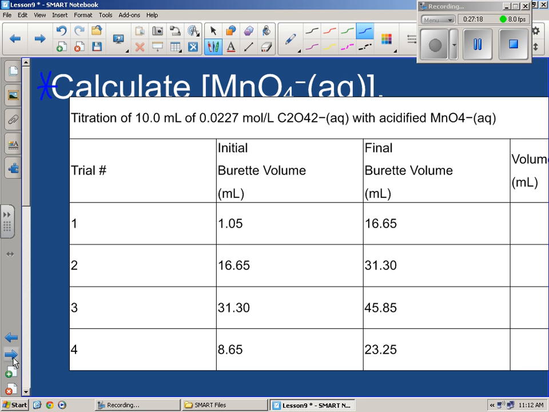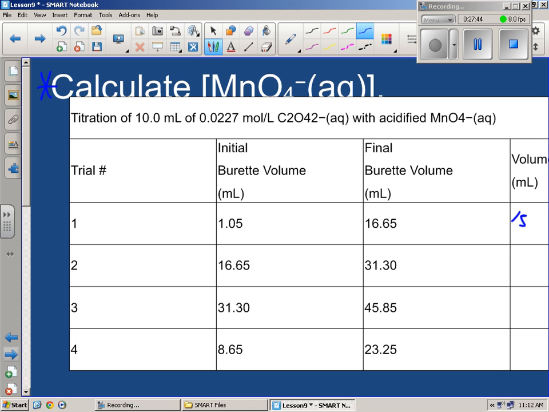You do those until you get within what? What's the magic number? 0.2 is the correct answer. You need to get within 0.2 milliliters of each other, and then you average them.